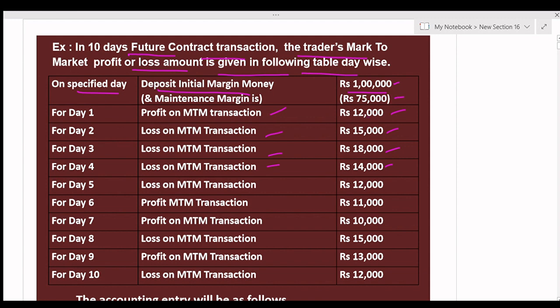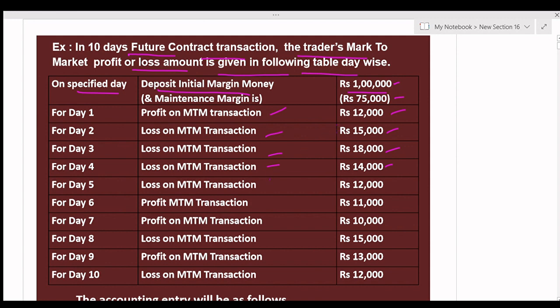If it falls below the maintenance margin of 75,000, then the broker makes a margin call to the participant to bring a sufficient amount to bring the initial margin back to the original position, that is rupees 1 lakh.